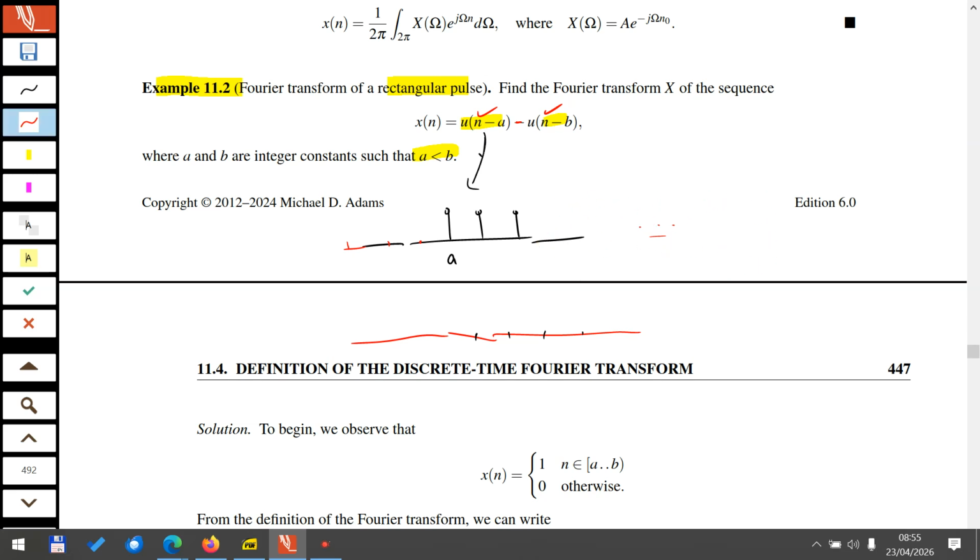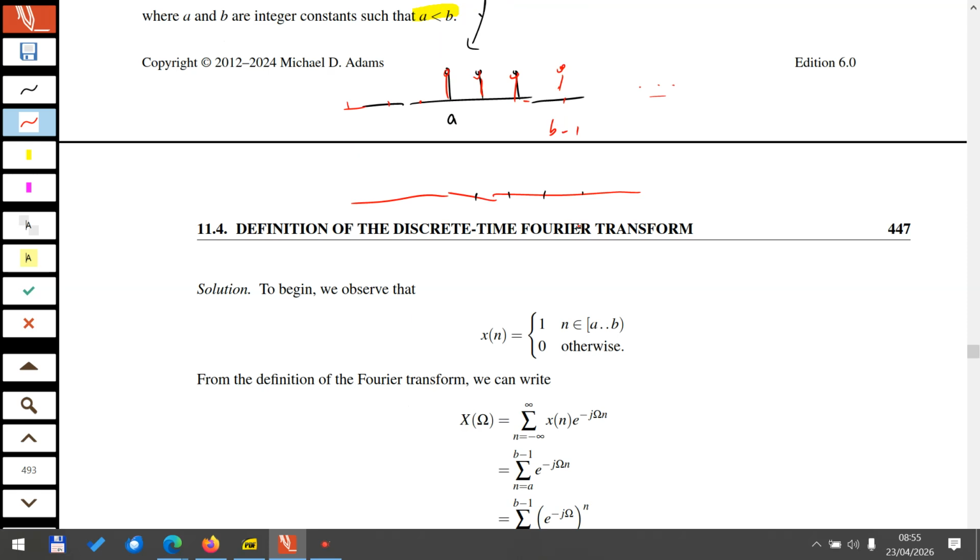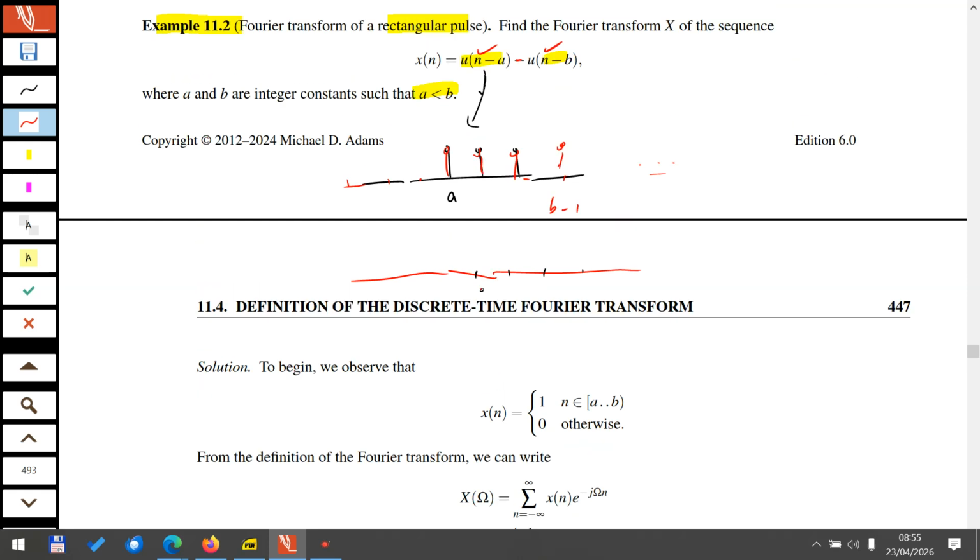It has to go from A to B minus 1, right? From A to B minus 1, because B and onwards, they get subtracted. And that's why you have this definition. X of n is now 1 when n belongs to this interval.